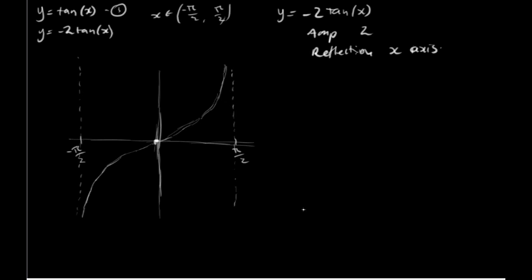We've still got the same period of pi, and we also go through 0, 0. And the asymptotes are the same.